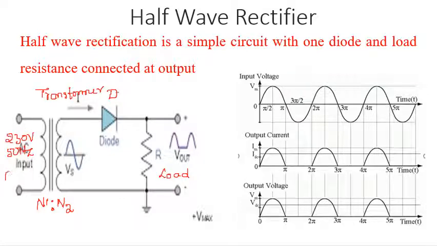This is AC input voltage which I am applying at the input side, that is from AC mains to the transformer primary. At the transformer secondary, I will get an AC input which is given to my rectifier circuit, which is stepped down.